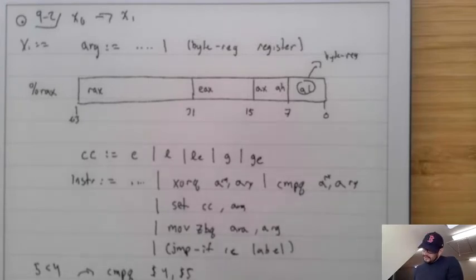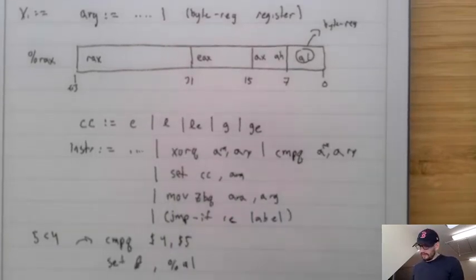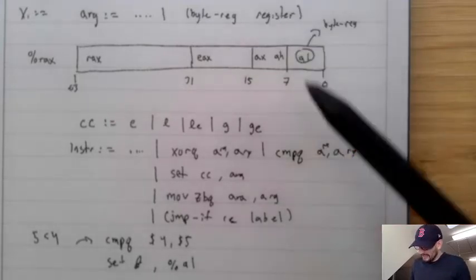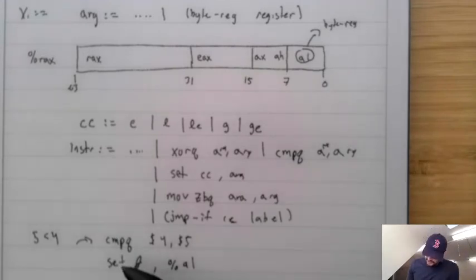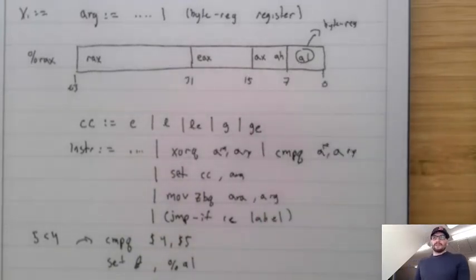So what we're doing here is we do the comparison of 4 and 5, and then we read off the L flag, and we set that into AL, which is this lower thing. The reason that we need these byte registers, by the way, is that this set operation cannot take as an argument RAX. It can only take these lower byte things. So yeah, that's why we have to do that.